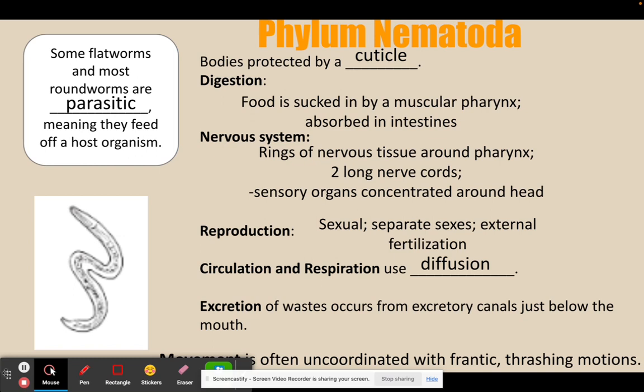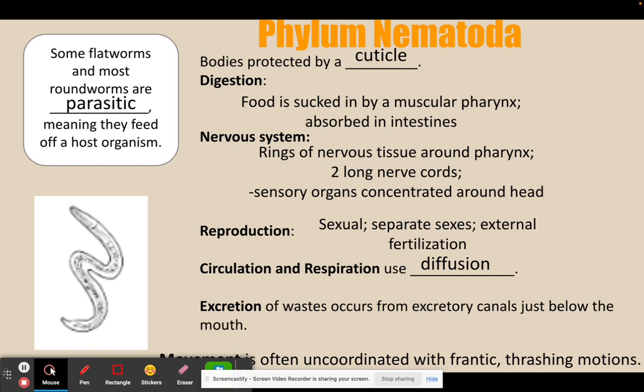Okay, so now that you have all of the information, let's discuss the characteristics of the organisms that fit into this phylum. In the phylum Nematoda, just like the platyhelminths, their bodies are protected by a cuticle, which is that thicker-like tissue that will surround their entire body and protect their systems. Remember, they have bilateral symmetry as well, so that means they're going to have cephalization once again, as well as some complex organ systems.